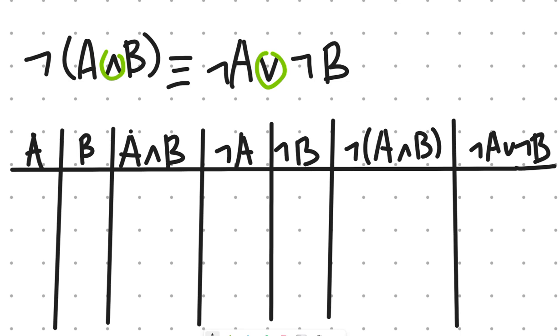So let's write R for right and W for wrong. And since we have two main messages, we have four different combinations between right and wrong: right, wrong, wrong, right, right, wrong, wrong, wrong.